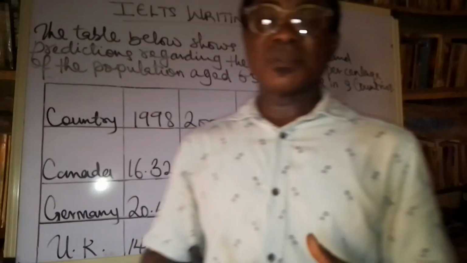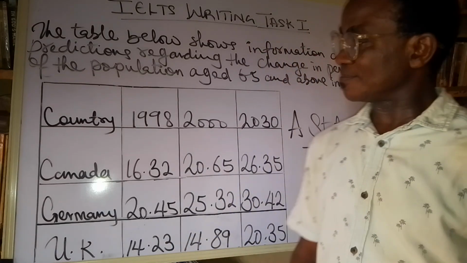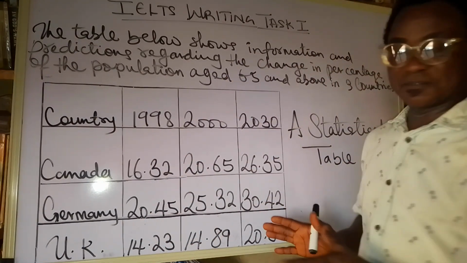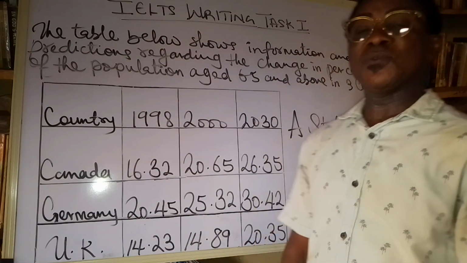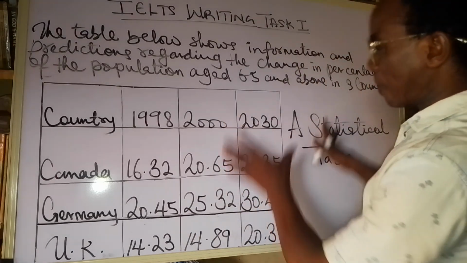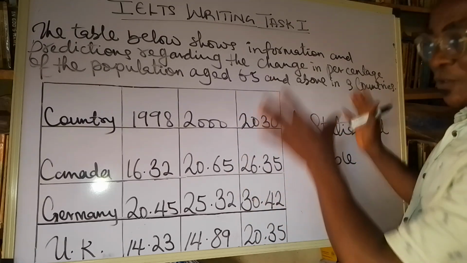Now, my esteemed viewers, equipped with the information that we now have about this table, we are now in a position to give an orderly report of this statistical analysis.